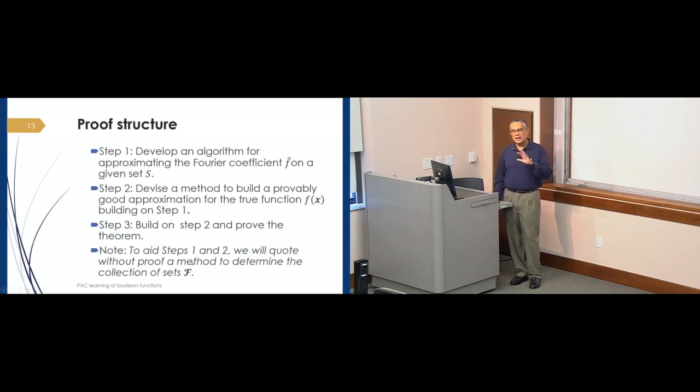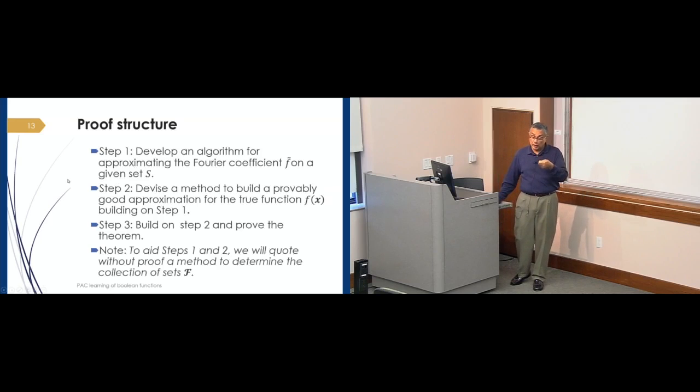So we'll proceed at a high level in 3 steps. In step 1, we'll develop an algorithm for approximating the Fourier coefficients f hat on the given set S. If you remember, we are approximating at 2 levels. First, by looking at only some of the Fourier coefficients in order to be able to estimate the function f. But each Fourier coefficient was in particular being estimated because it's expensive to compute it precisely, and we use the symbol f tilde to represent its approximation.